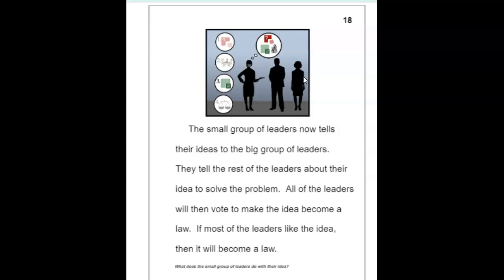All of the leaders will then vote to make the idea become a law. If most of the leaders like the idea, it will become a law. What does the small group of leaders do with their idea? Do you know the answer?